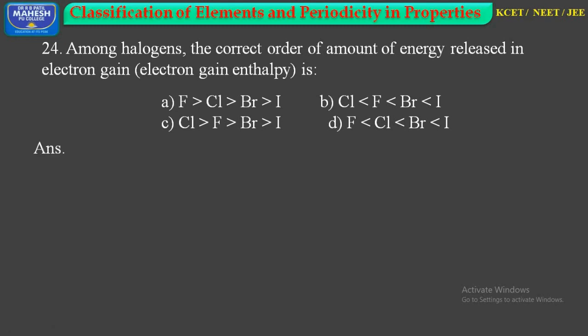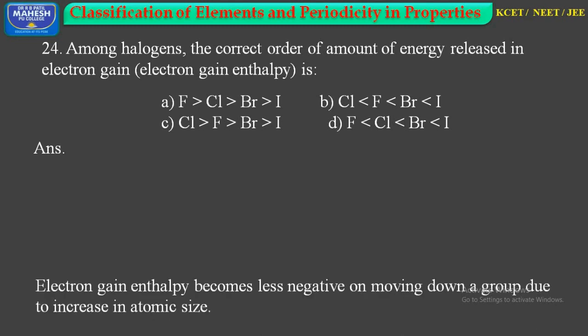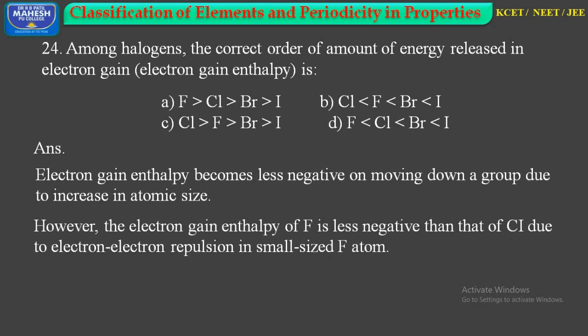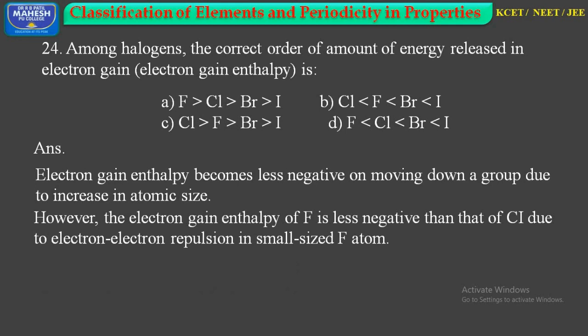Students, electron gain enthalpy becomes less negative on moving down a group due to increase in atomic size. However, the electron gain enthalpy of fluorine is less negative when compared with chlorine due to electron-electron repulsion in the small-sized fluorine atom.